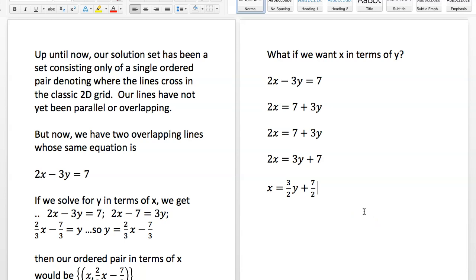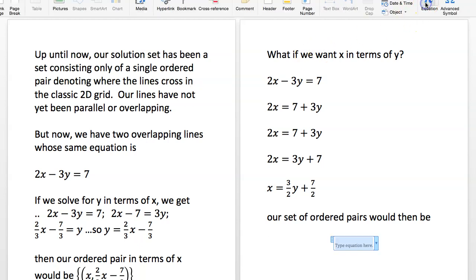Okay. So now our set of ordered pairs, for our overlappers, actually, you can just pretend like we just have one single line, right? You could just ignore one of the overlappers because it doesn't contribute anything, right? So insert equation.